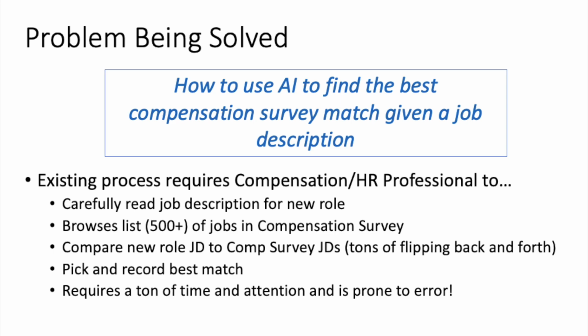On one of these surveys, there can easily be over 500, actually easily be thousands of jobs listed. And when you're trying to find the correct match for your new job, what people end up doing is reading the new job description and then toggling over to this big Excel file with a bunch of descriptions, and you read through those until you narrow it down into the best match, and then record your answer.